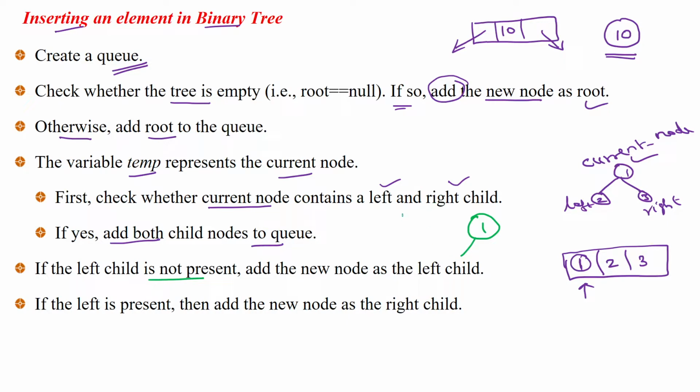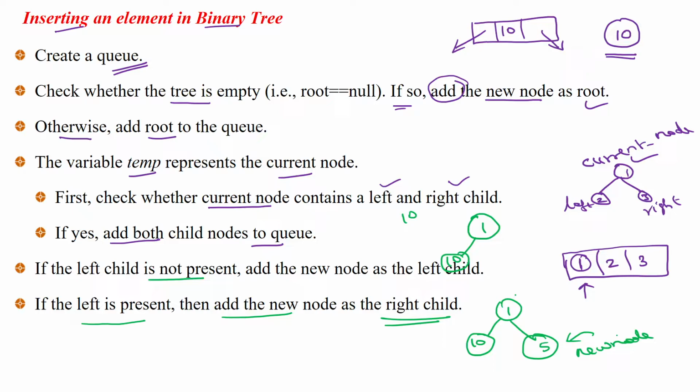Suppose my new node is 10, then it is added as the left child of the root. Suppose the root already has a left child, say 1 with left child 10. If the left child is present, then the new node is inserted as the right child. So this is the procedure to insert a node into the binary tree.